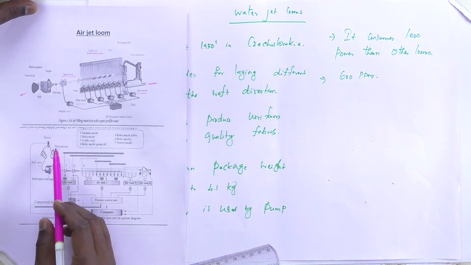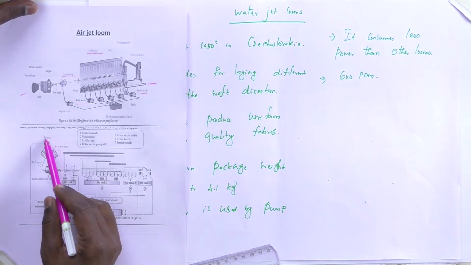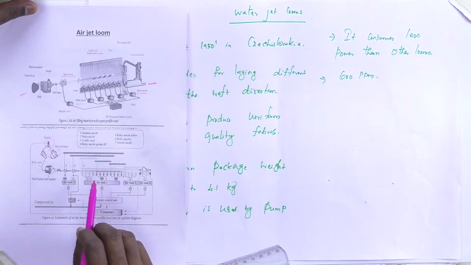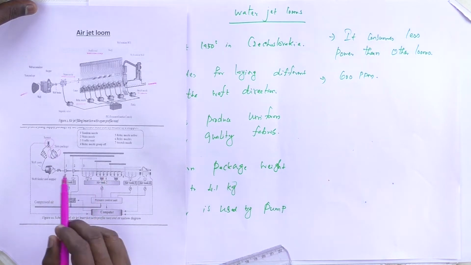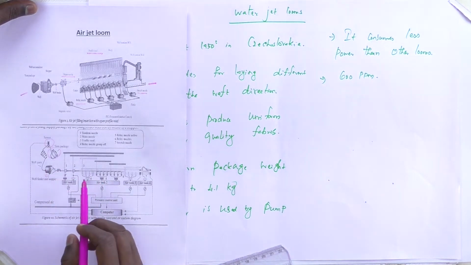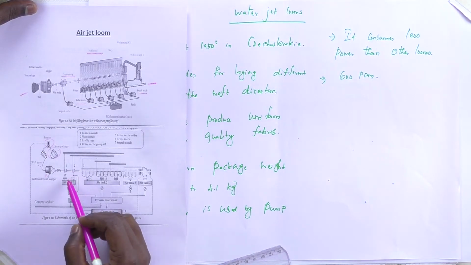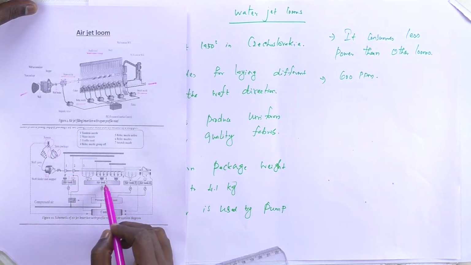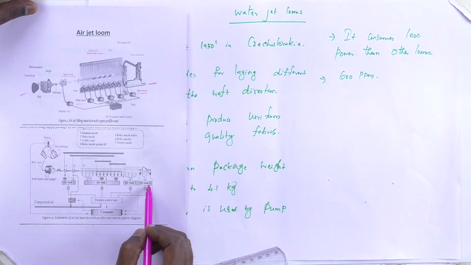So this is the yarn package. This is a sensor which is used to sense the required amount of weft yarn passing through it. Then this is a weft feeder and stopper. This is air tank 1, air tank 2, air tank 3 and air tank 4.